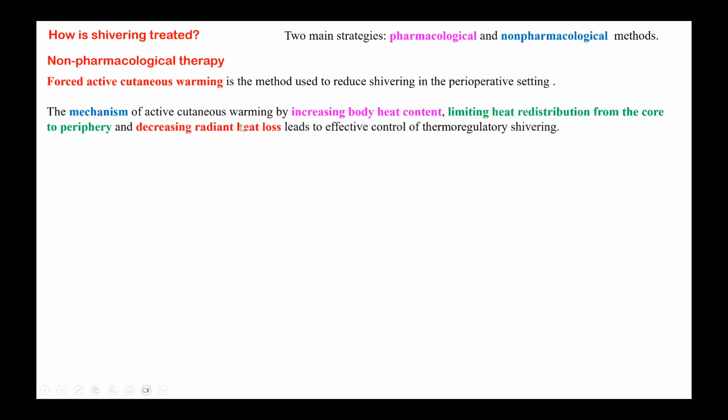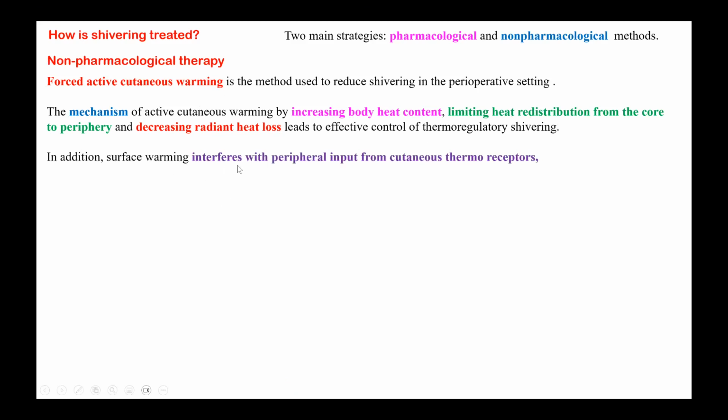The mechanism is that it increases the body heat content, limits the heat redistribution from core to periphery, so almost makes them balanced, and decreases radiant heat loss from our surface. So these are the three mechanisms by which it works.